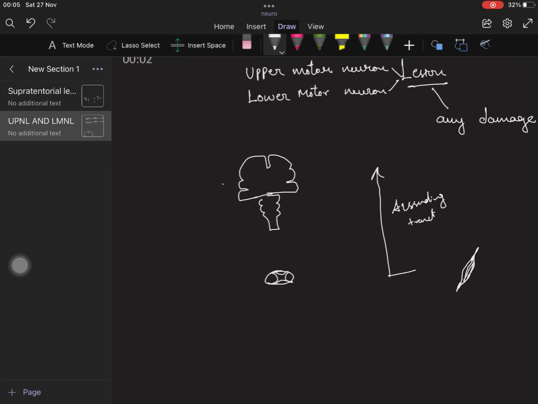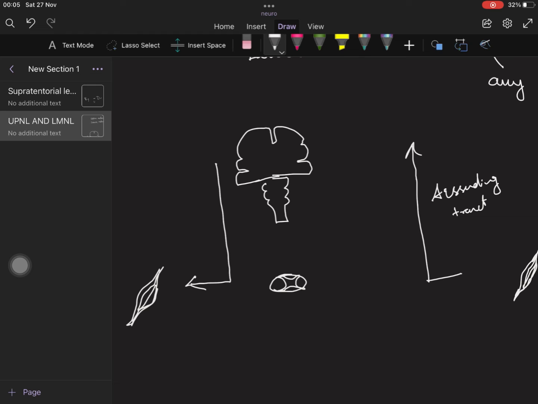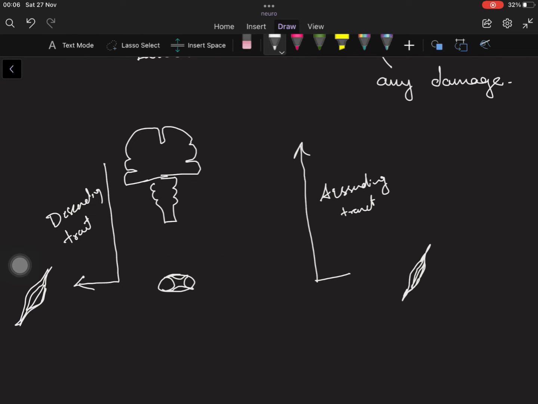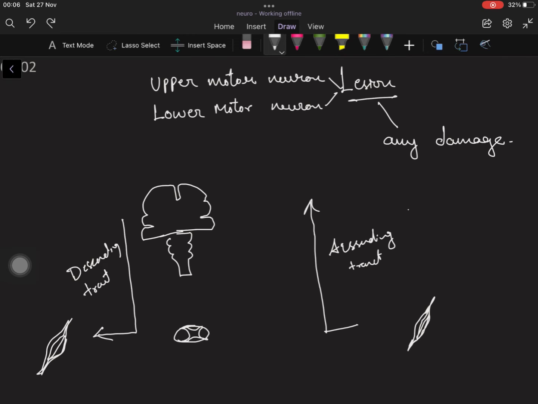When it comes to motor, for that stimulus the response information will be sent from the cerebral cortex to the organ, and this is the descending tract. I think you already know about this. There are so many tracts, like the reticulospinal tract, corticospinal tract, vestibulospinal tract, and so on. You can refer to your text for more descending tracts.